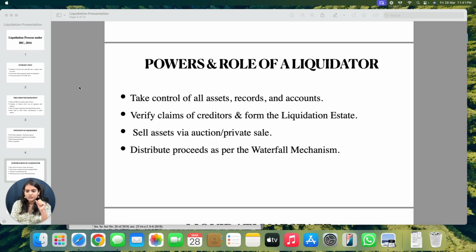So once all the claims are received, the liquidator shall constitute a stakeholder committee.